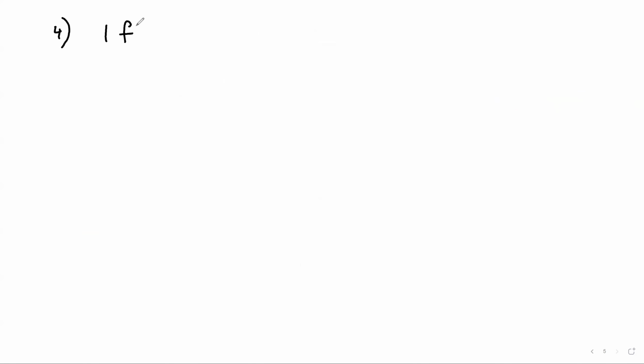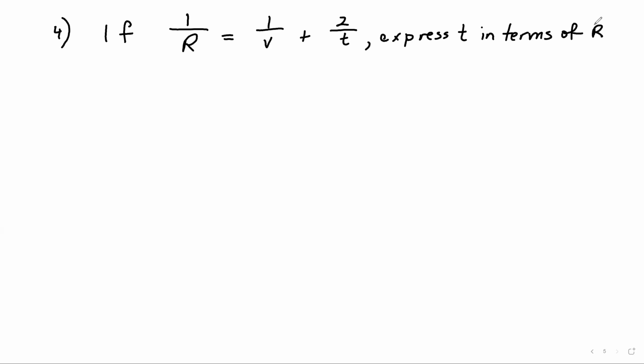It says if 1 over R is equal to 1 over V plus 2 over T, express T in terms of R and V. So in other words, make T the subject of the formula.